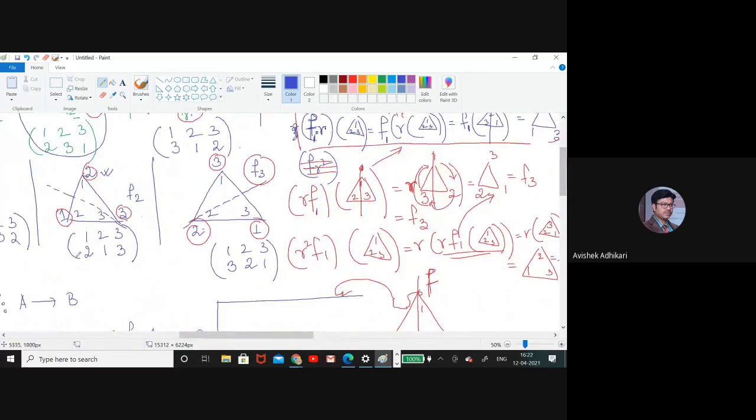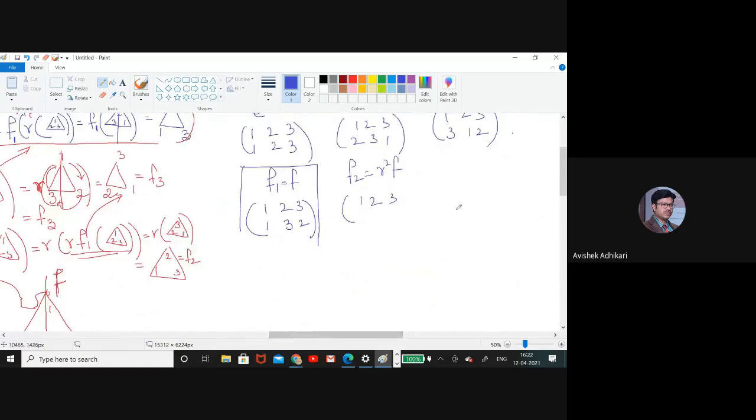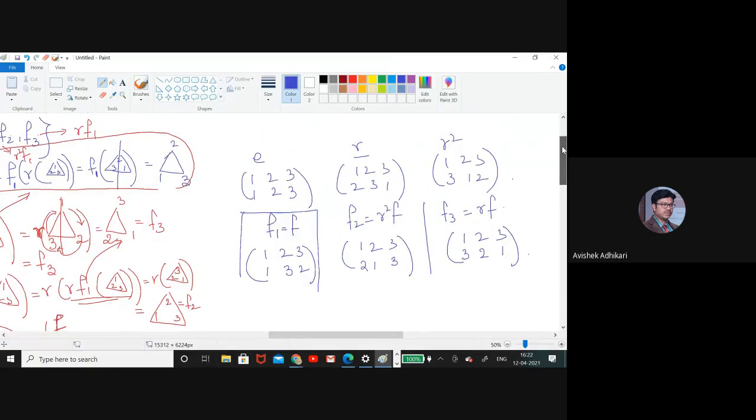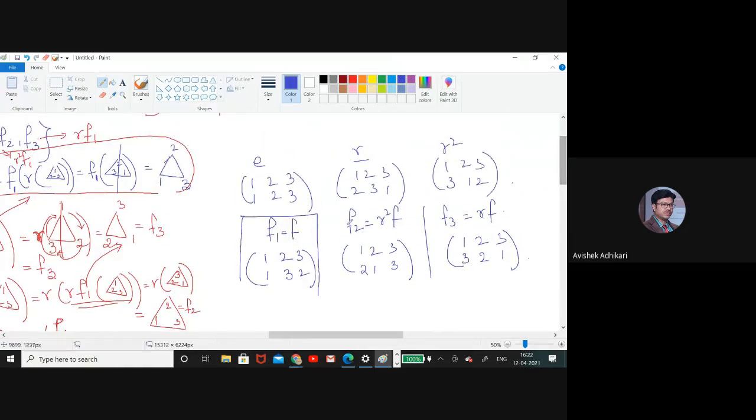Here 3 was the fixed one, and 2 1. And next F3. So F3 was F of R, 1 2 3, and here 2 was the fixed, and here 3 1.